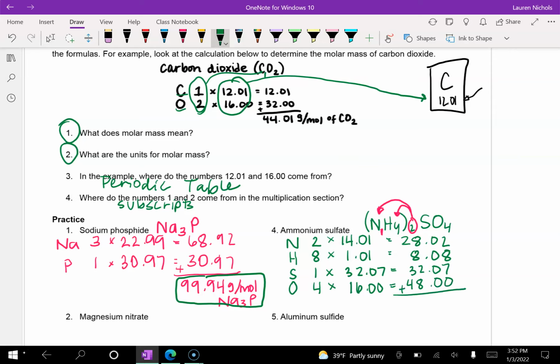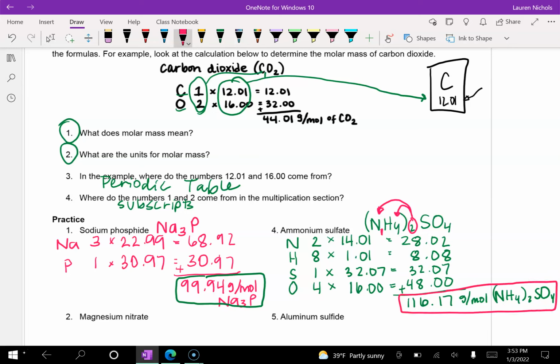And then we add them all together. I'm going to do that in my calculator just to make sure I don't make a mistake, which has been known to happen from time to time. And you should get 116.17 grams per mole of ammonium sulfate, so NH4 2SO4. And that is our final answer.